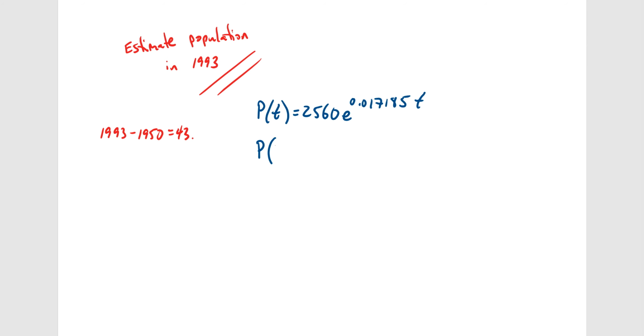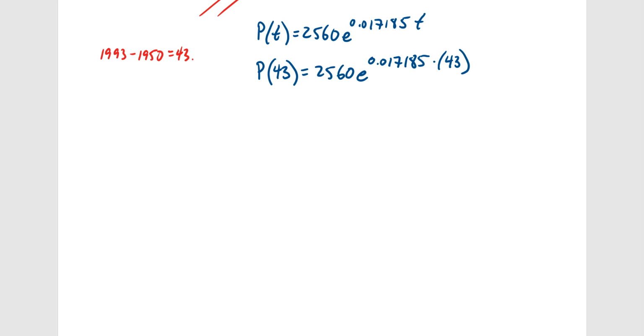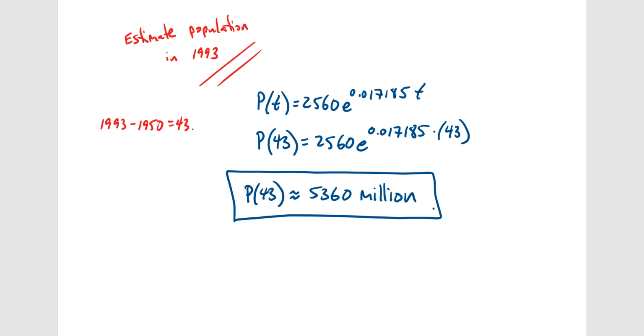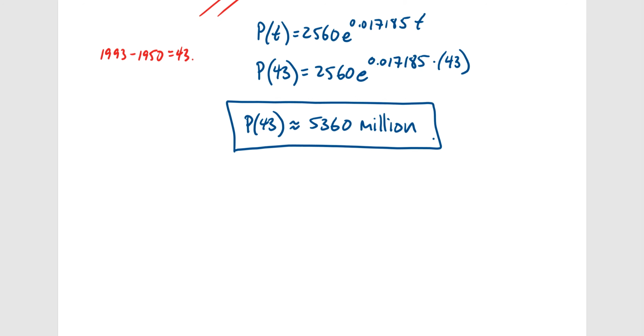So we're going to do P of 43 equals 2,560 e to the 0.017185 times 43. And obviously we're going to need to plug it in a calculator for this. And we get 5,360 million. So now let's do the same thing for the year 2020.